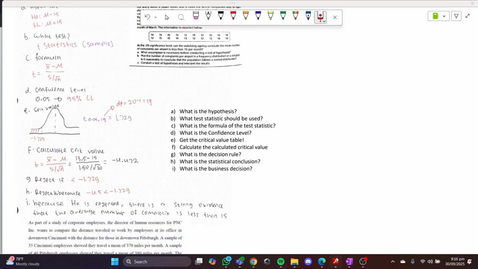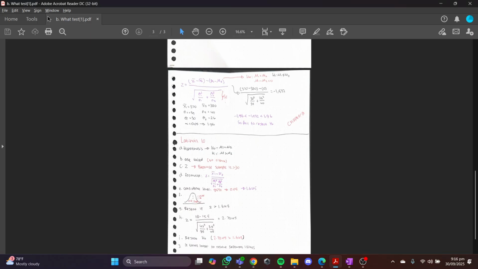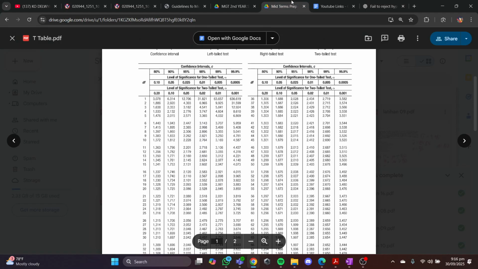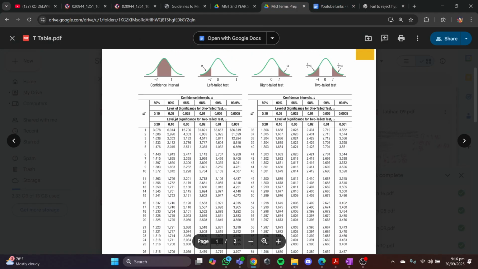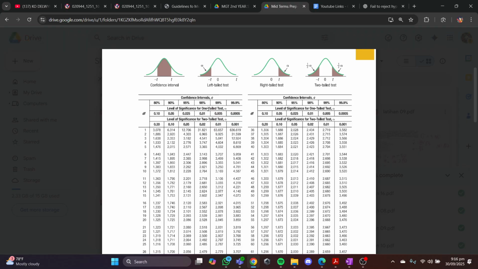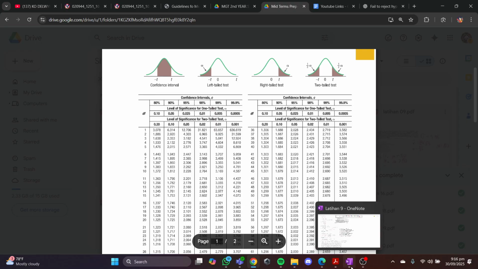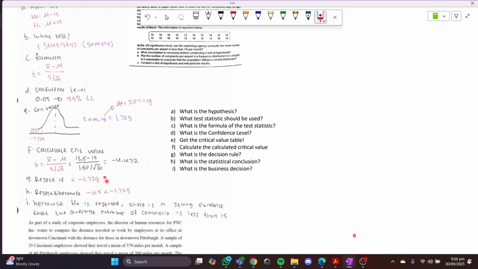So here you can see on the, where's the t table? T table, oh, because it's a one-tailed test, you just use this one, 0.05. Move it down here, 19, 1.729. So it's the same thing as what I've written here.